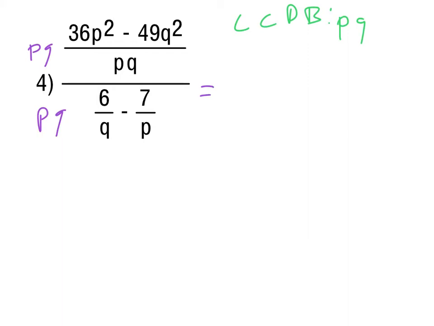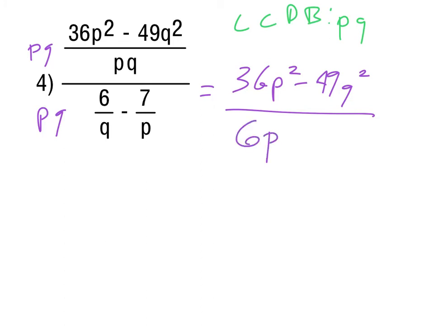And what we end up with over here is 36p squared minus 49q squared. And in the denominator, with the 6 over q, the q's would cancel, so we have a 6p. And the 7 over p, the p's would cancel, so we have minus a 7q.